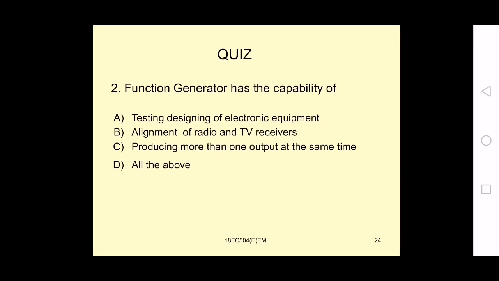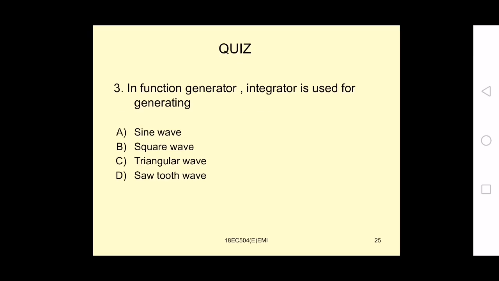Function generator has the capability of testing and designing electronic equipment, alignment of radio and TV receivers, producing more than one output at the same time, and D is all the above, and the correct answer is all the above, D. In a function generator, the integrator is used for generating which waveform? Sine, square, triangular, or sawtooth? It is for the triangular wave.